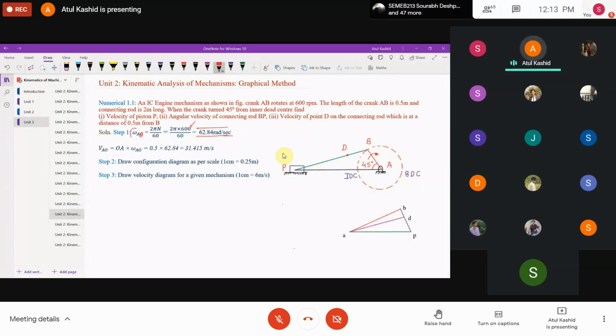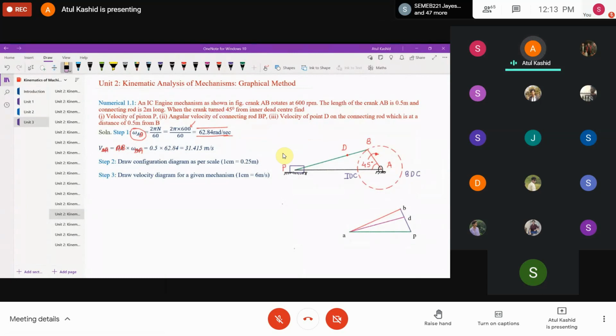Once you calculate the angular velocity, I can also calculate the linear velocity. So here I can calculate the velocity of B with respect to A. The velocity of B with respect to A is equal to AB into omega, so this is the formula V equals R omega.